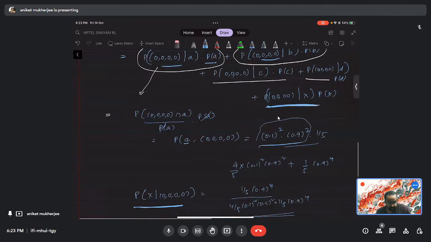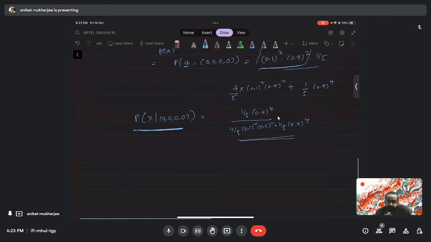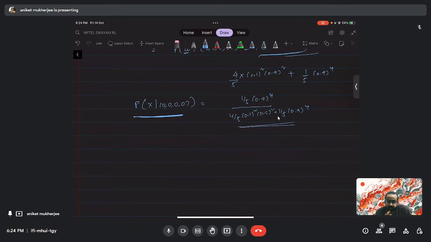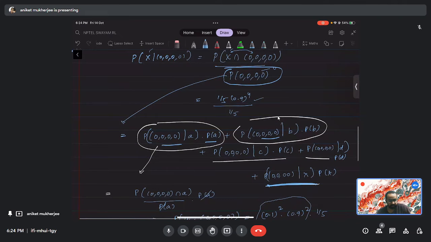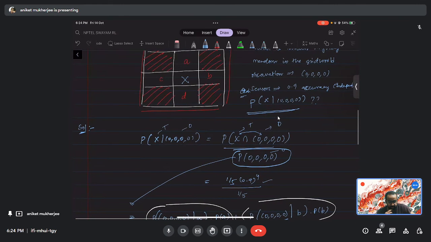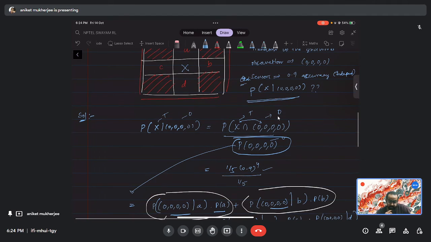So if the sensor accuracy is 100%, then the probability that I get the observation of four zeros is 1 by 5, since I get it at only one place.